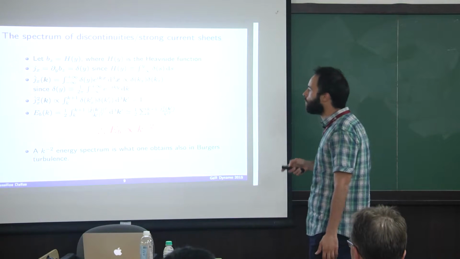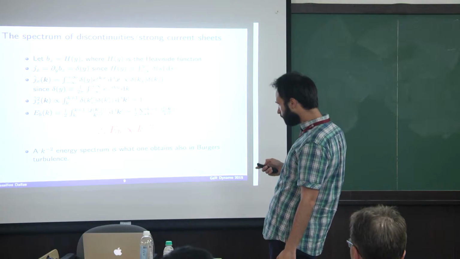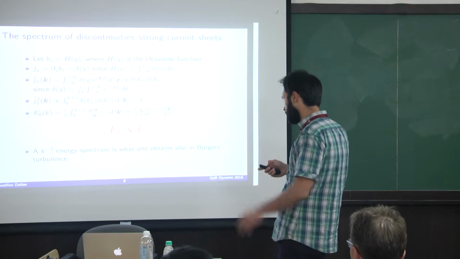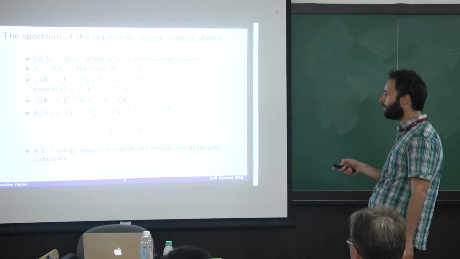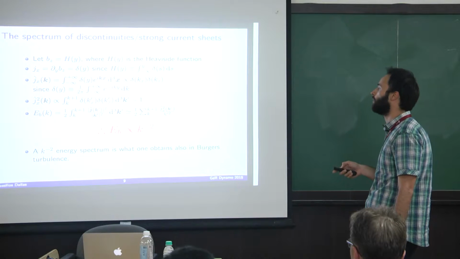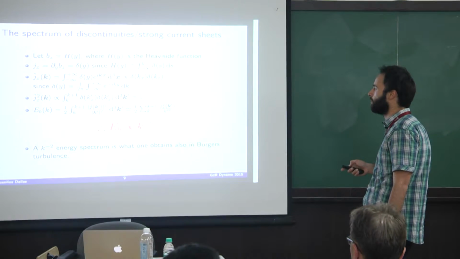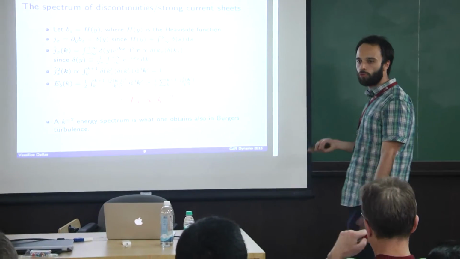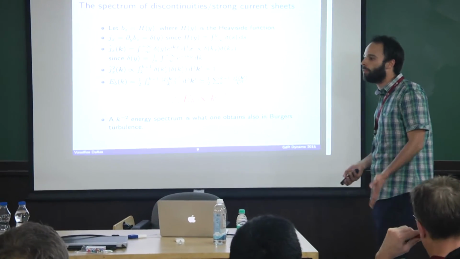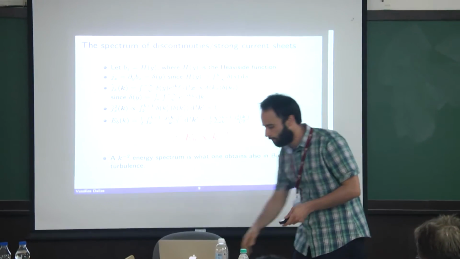And from the definition of the delta function, we can integrate in spectral space, and we can find that the magnetic energy is basically k^-2. The k^-2 also appears in Burgers turbulence, so it's like having discontinuities. It's the same kind of phenomenon.